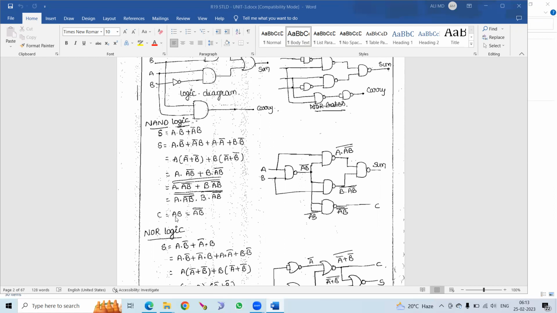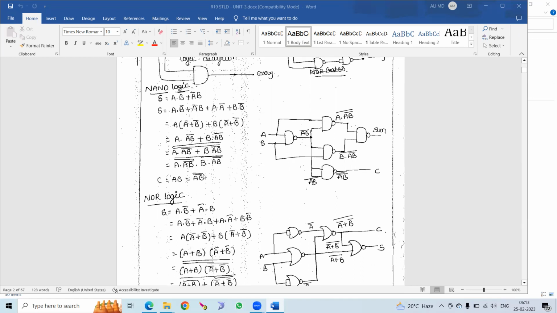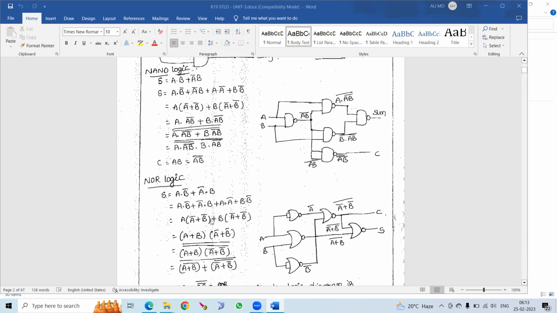Whereas the carry is equal to A product B, using only NAND logic, AB double bar. So this is the circuit diagram given. The carry can be represented only in the form of NAND gates.